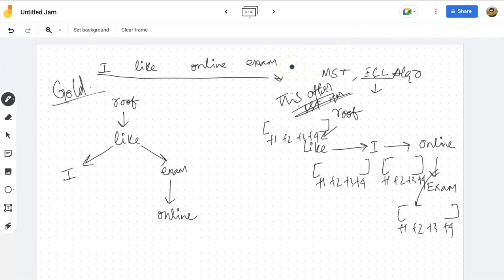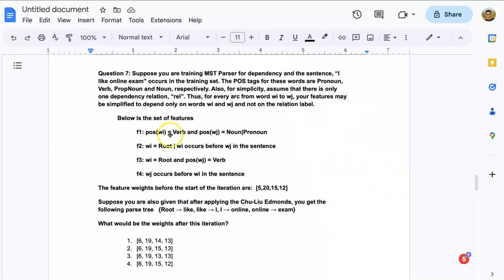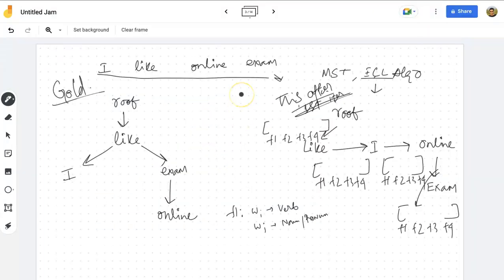Let us write it here, so it will be easy for us. For F1, wi would be a verb, and wj would be a noun or pronoun. Now just fill the values.